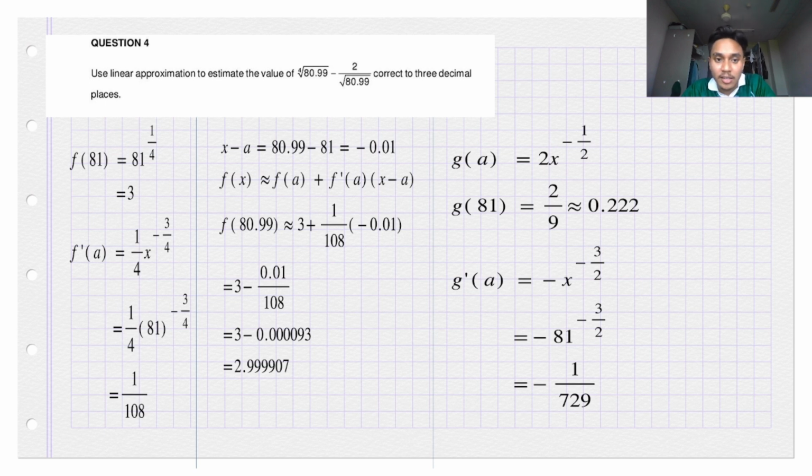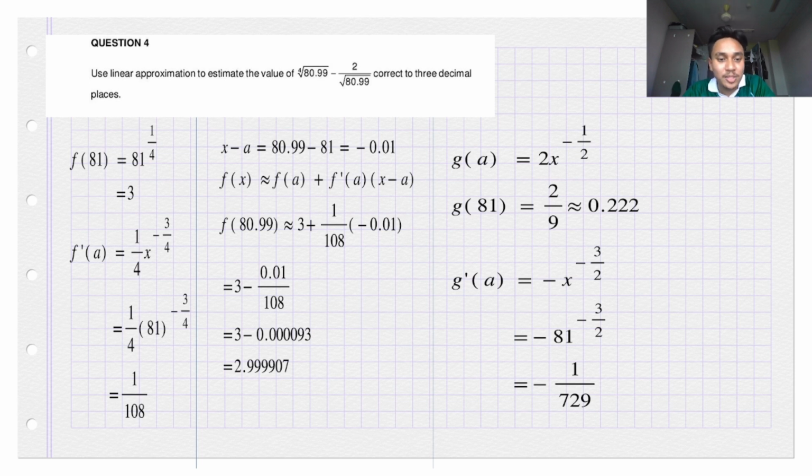After that, if we want to find f(x), we're going to use a formula which is f(a) plus f prime a times (x minus a). So after we put the number 1 over 108, we're going to multiply by negative 0.001. So 3 minus 0.01 over 108.